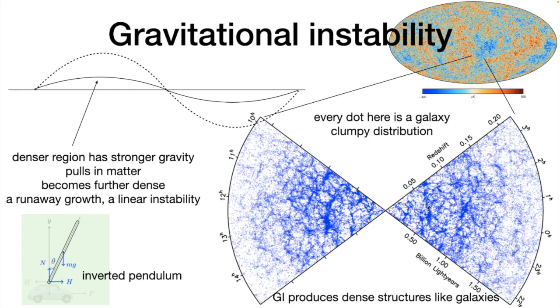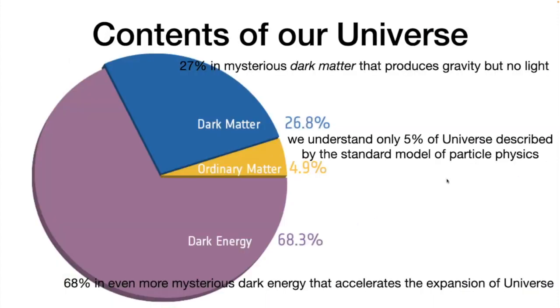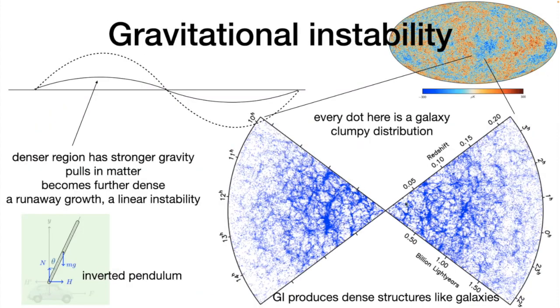But the thing to notice is that the distribution of galaxies is not uniform. There are sheets and voids and filaments. It's very filamentary. Okay, so this is called the large-scale structure of the universe. And this is caused by gravitational instability.